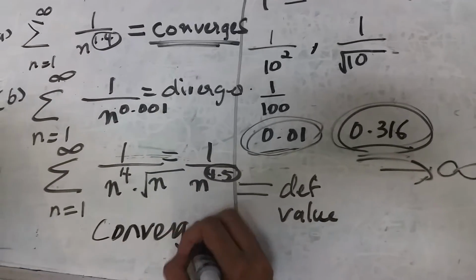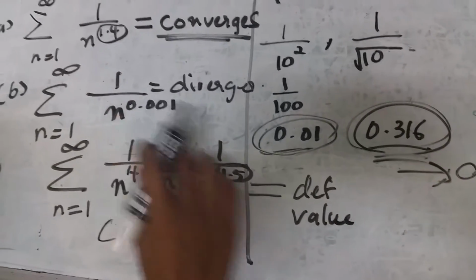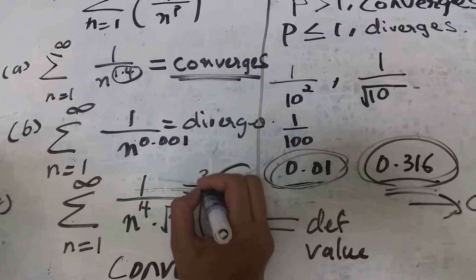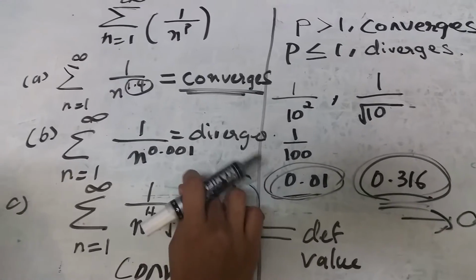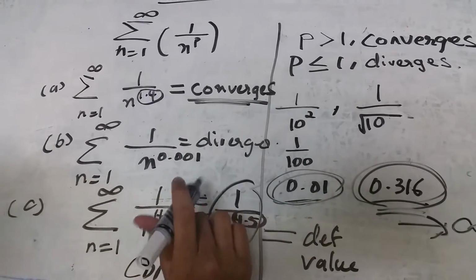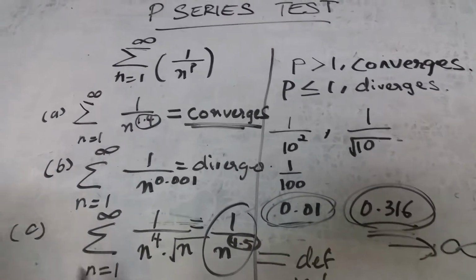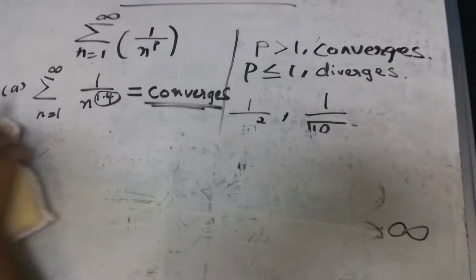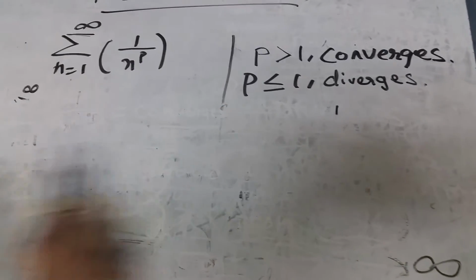You might get situations where you have something on the numerator, but if it's a constant or anything of that sort, it doesn't affect the result. Let's say you had n squared.